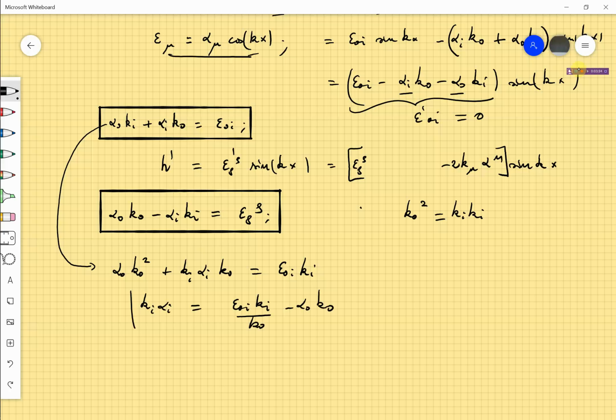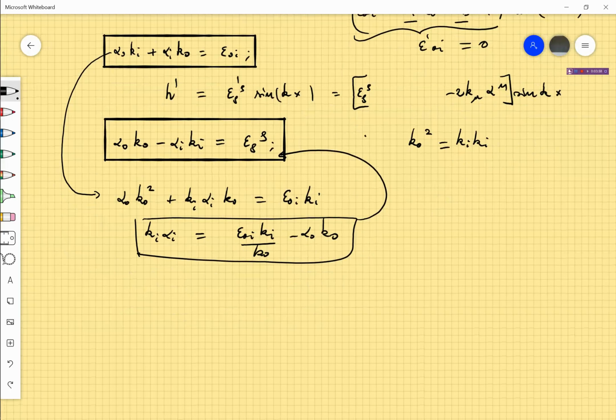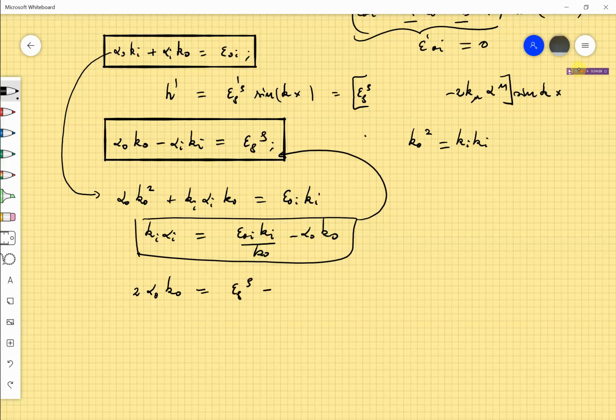Now you can use this in this equation, and you find that alpha 0 k0 is equal to epsilon rho rho minus epsilon 0 i ki divided by k0, and then you divide again by k0, and by 2.